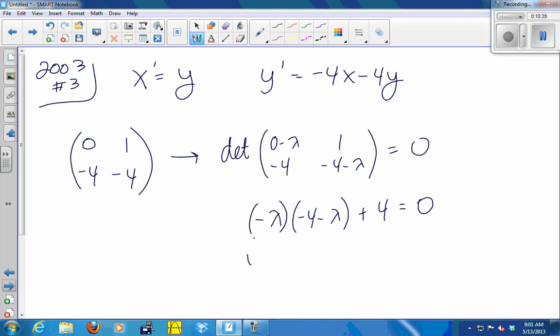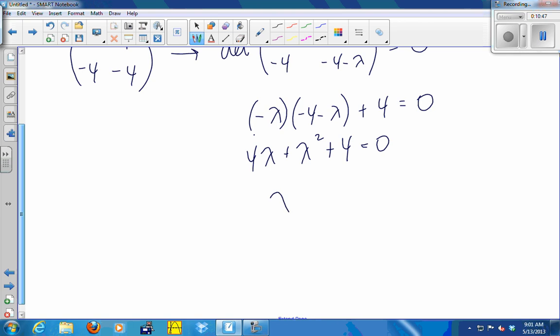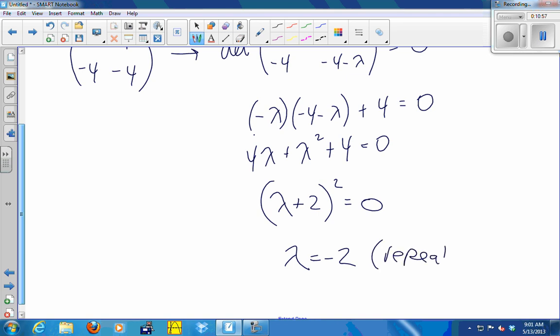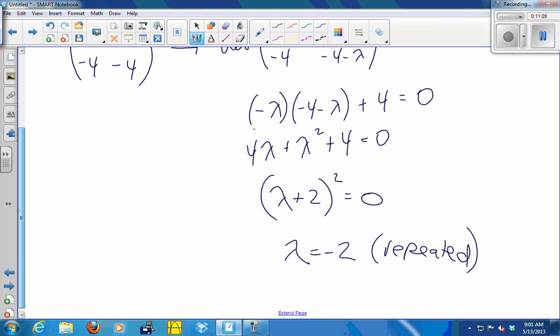So I have 4 lambda plus lambda squared plus 4 equals 0. That factors to lambda plus 2 squared. So I get lambda equals -2 is a repeated eigenvalue. Just have one eigenvalue, which means there's only one straight line solution. I need the eigenvector to be able to write it down.